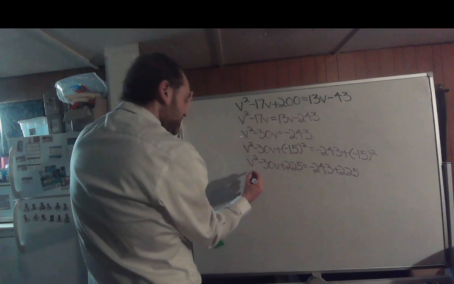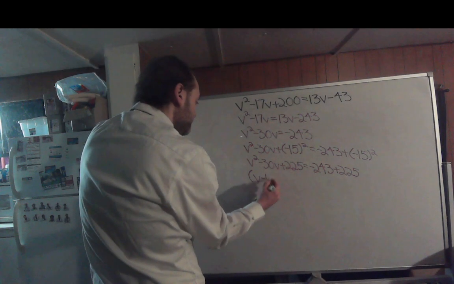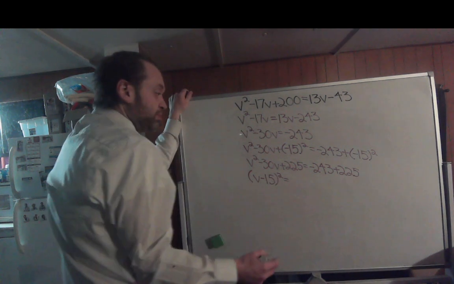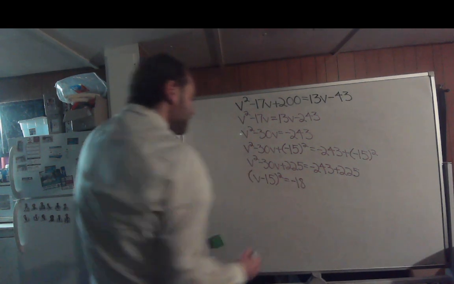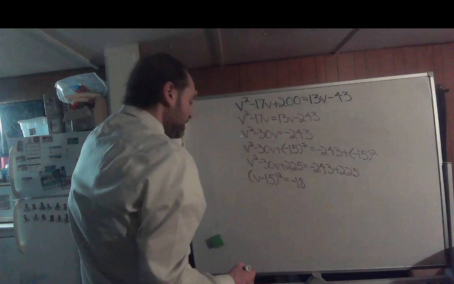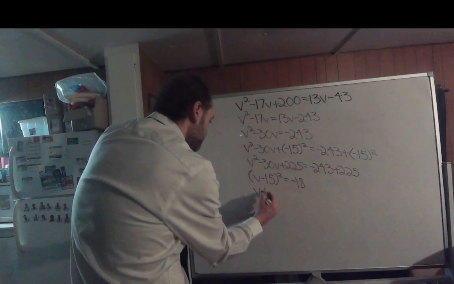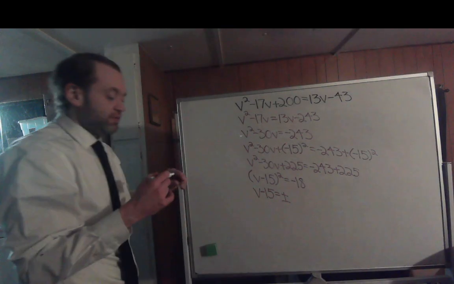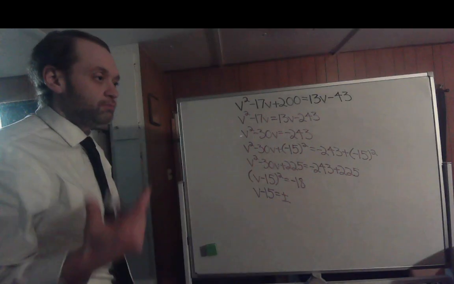So this is going to give you, on the left side, a binomial square of v minus 15. That quantity squared would be equal to the right side, which would be negative 18. So take the square root of both sides, you'll just get v minus 15 on the left would equal plus and minus the square root of negative 18. Obviously we have an i because of negative 1.